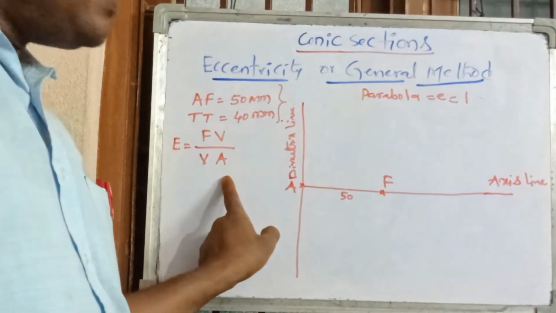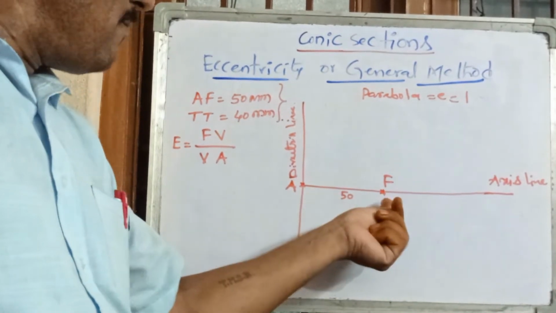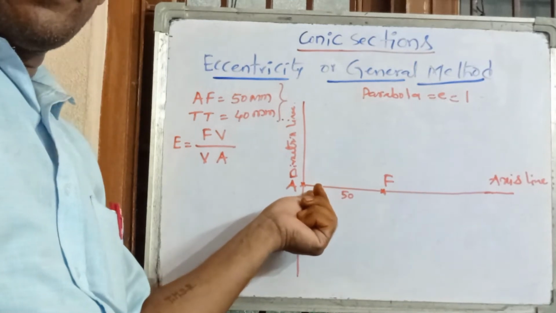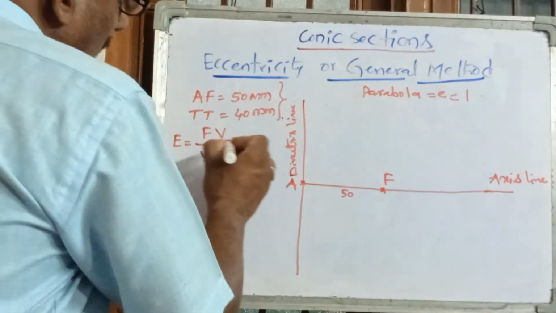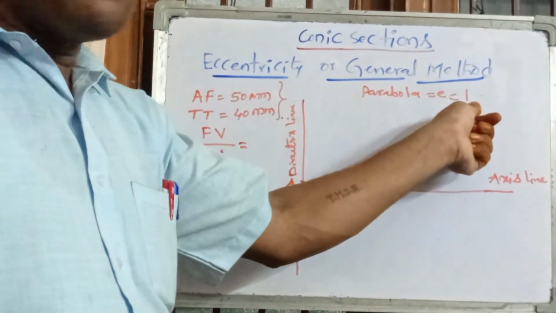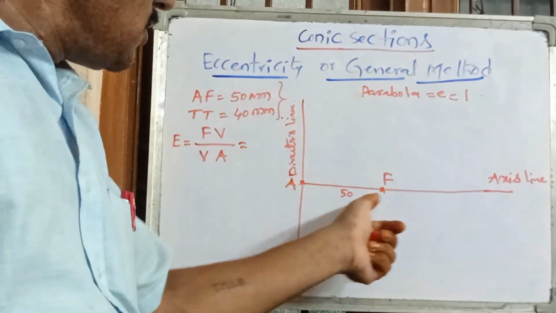The meaning of it is that the vertex point is always between the directrix and focus. Between these two points, it may be here or here or here, depending upon the given data. Suppose the eccentricity of a parabola is 1. How do you get 1? Directrix to focus is given as 50 mm.